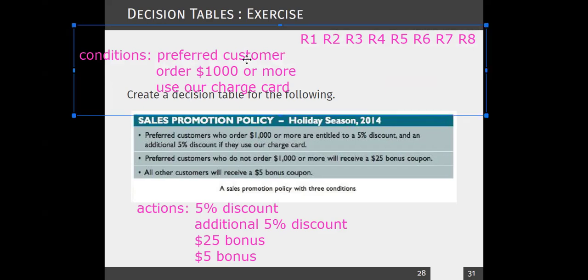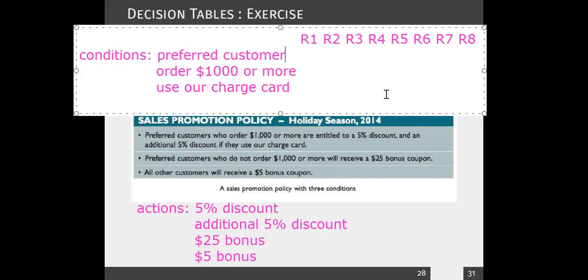So we can say yes and no. For example, here, this could be yes, yes, yes, yes, no, no, no, no. Then yes, yes, no, no, yes, yes, no, no, right?